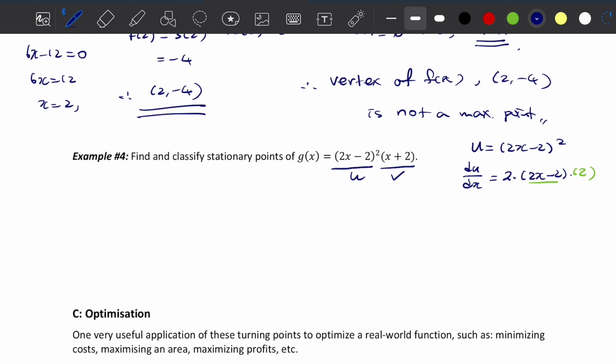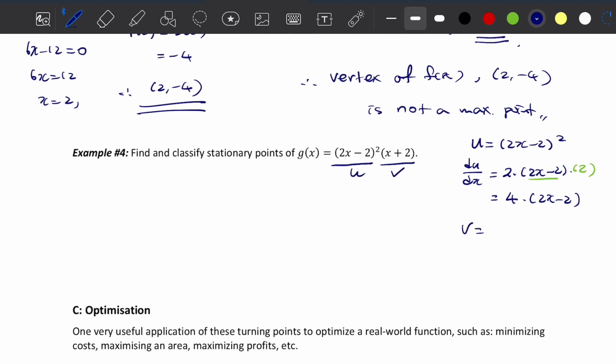So the final form of du over dx is 4 times (2x minus 2). Then v is x plus 2, so dv over dx is 1.